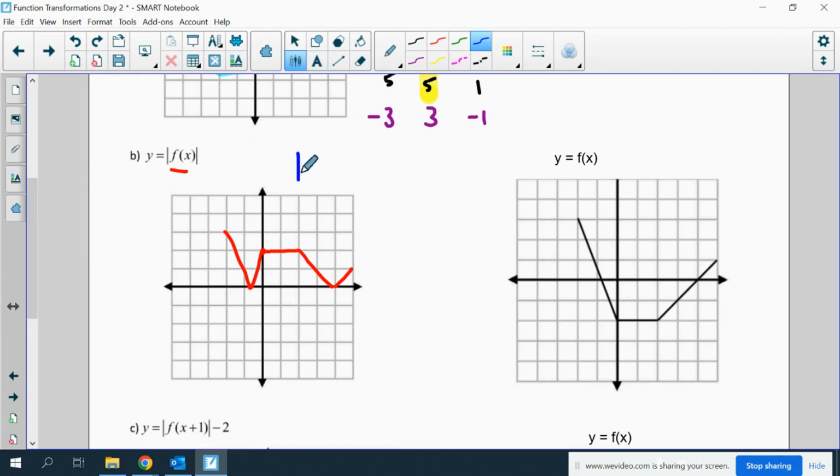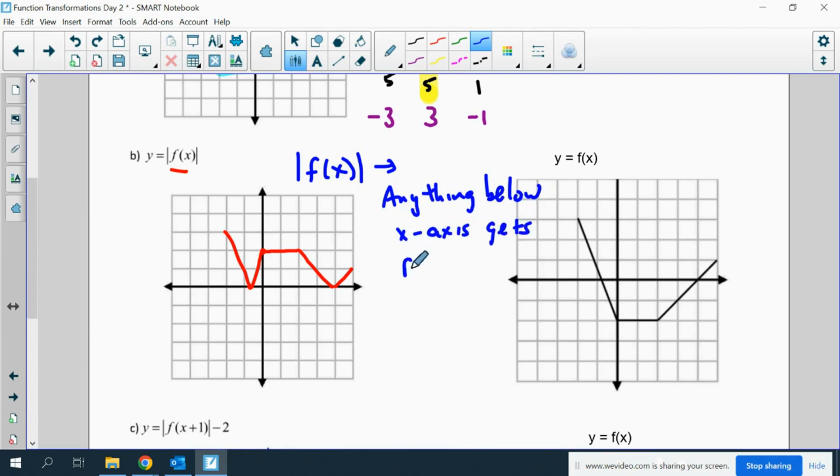So when I have absolute value of the entire function, anything below the x-axis gets reflected to be above it.